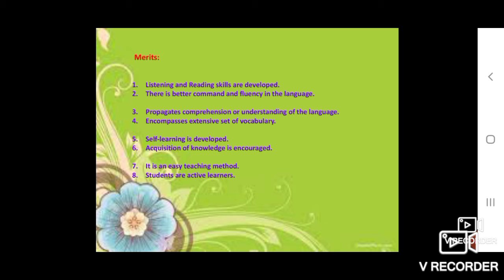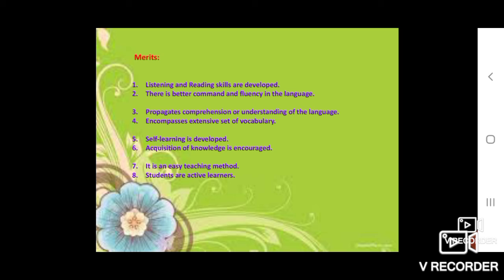After that, it helps for self-learning, because there is no need to ask someone or follow someone's instruction. If you want to develop your vocabulary and enrich your language skills, then self-learning is the best option.